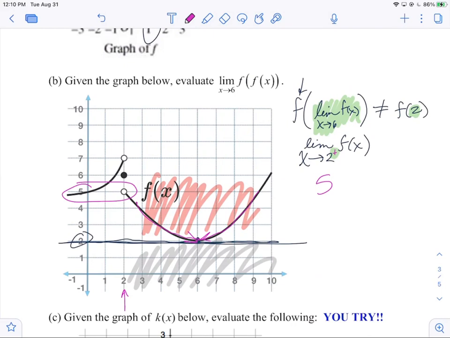Yeah, question. Say you're approaching 2 from below, but there's the whole other graph right there. Would it still be... It's too far away. No, you just look in the immediate vicinity.